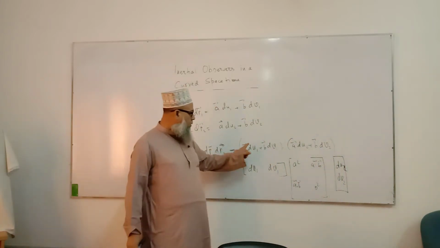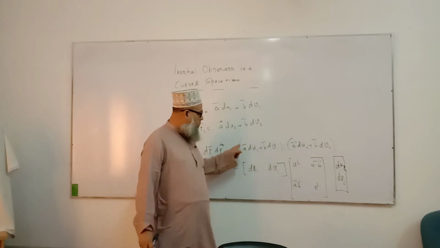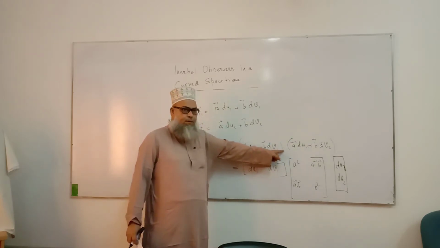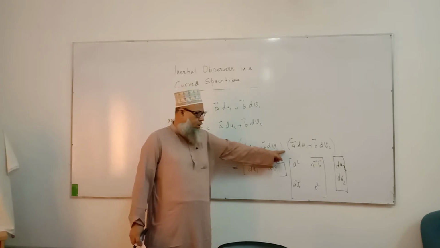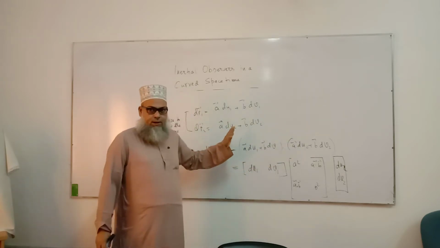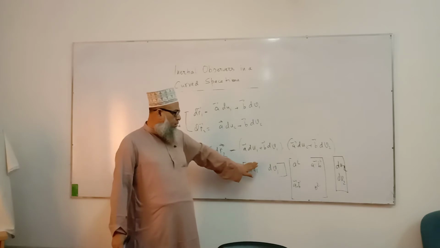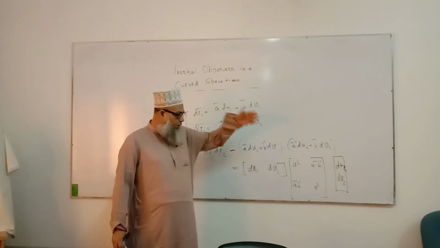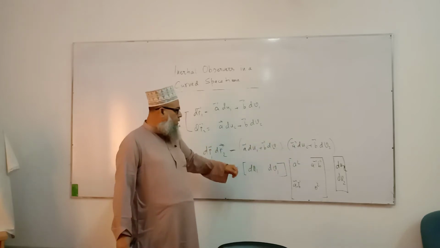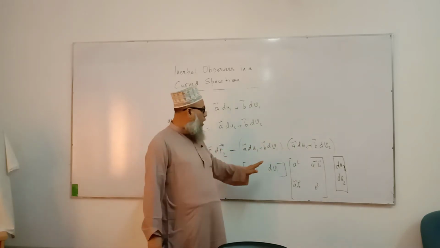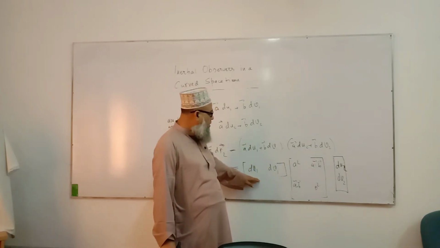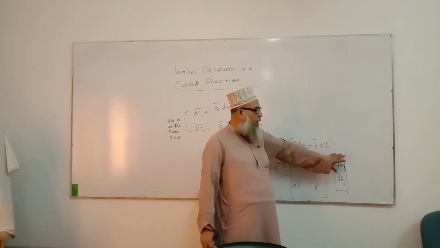I invite you to multiply these terms, taking account of the vector dot product. That expression can be written as a matrix product: a row matrix, a square matrix, a column matrix.